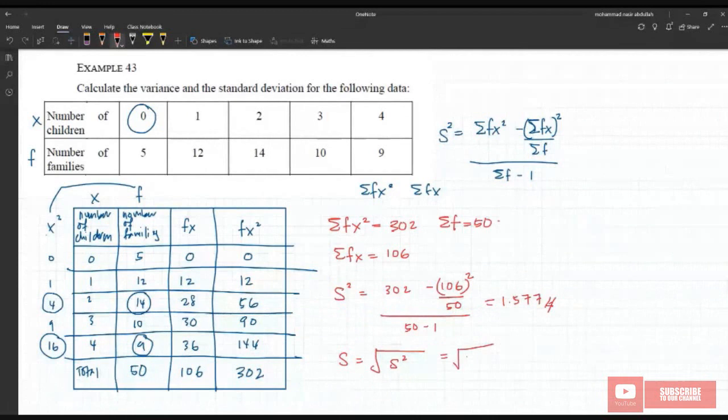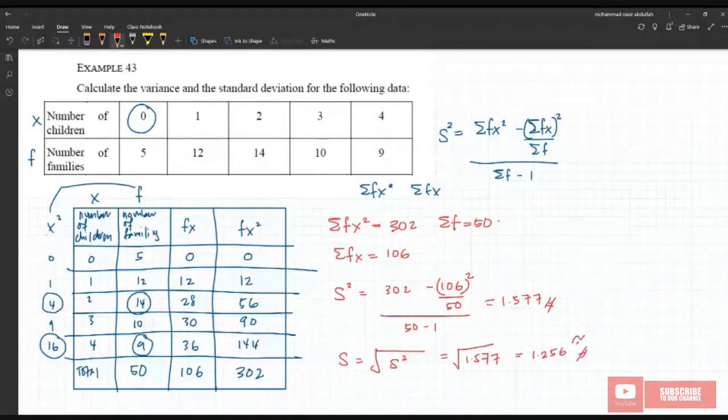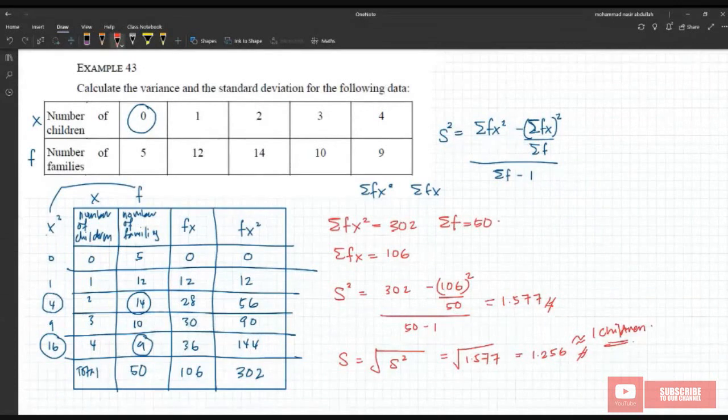This is equal to the square root of 1.577, which equals 1.256, or approximately 1 child. So this is how we calculate the sample variance and sample standard deviation.